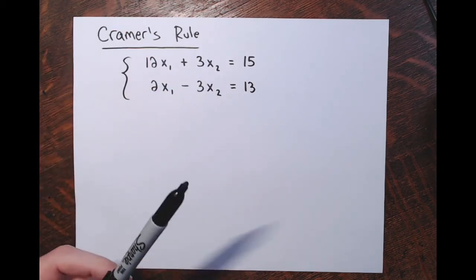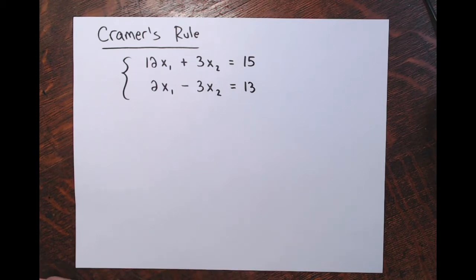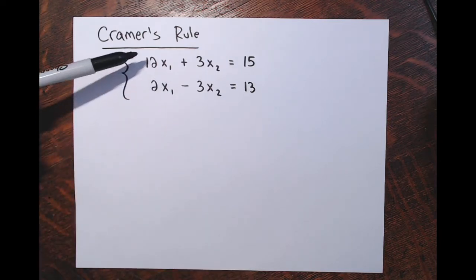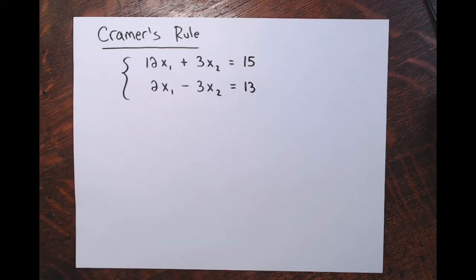Like I said, you don't have to solve this using Cramer's rule. You can apply elimination, substitution, Gaussian elimination, Gauss-Jordan elimination, whatever. You've seen other ways to solve systems. But I want to show you Cramer's rule just to give you another option.